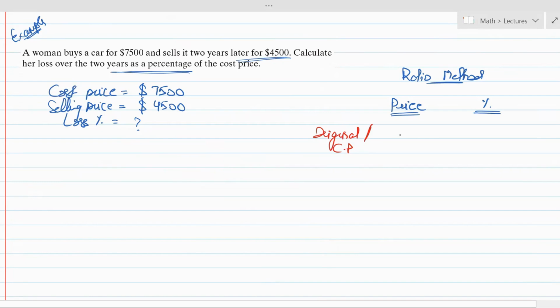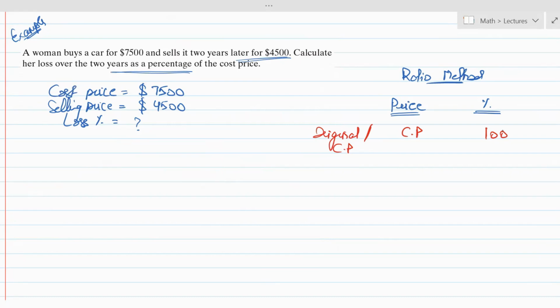So here, the first set of values should be the cost price, and cost price is always written in front of 100. So this first row, it's a must thing. You have to keep this as it is. The cost price should always be against the 100. Now, for selling price, there can be two approaches: either you are finding the percentage of the selling price or you are finding the selling price itself.